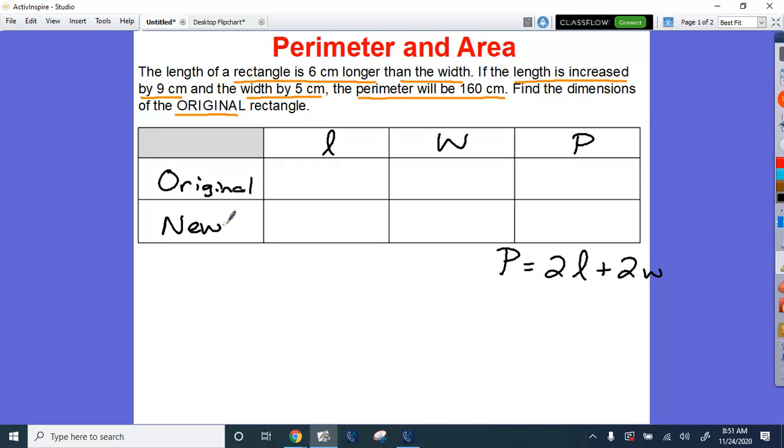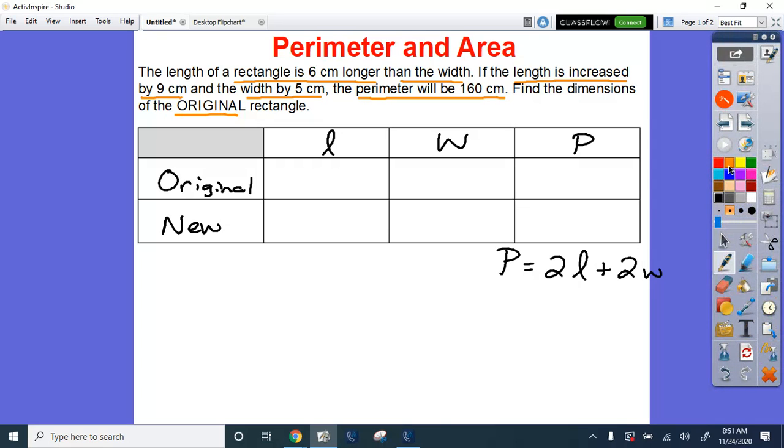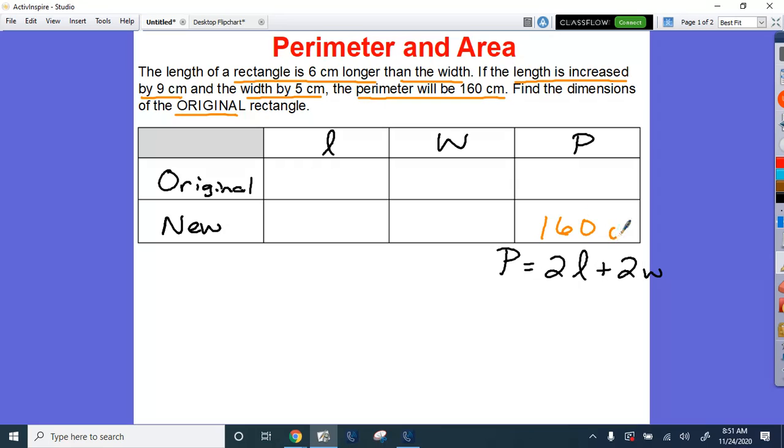We do know that the new rectangle has a perimeter of 160 centimeters. We do not know the dimensions of our old rectangle, so we can't know that perimeter P.